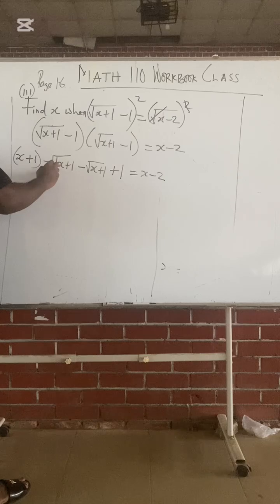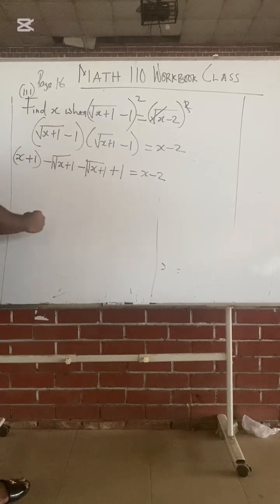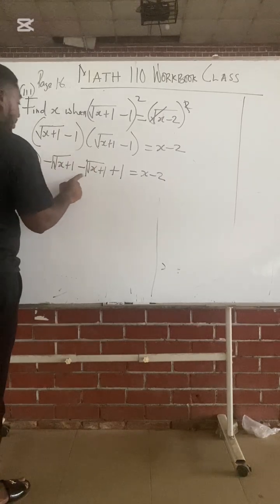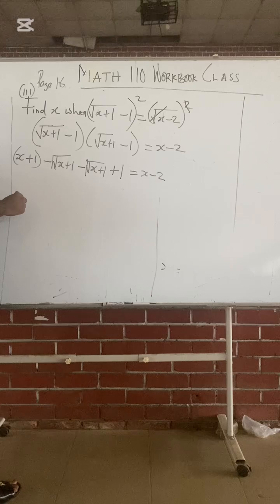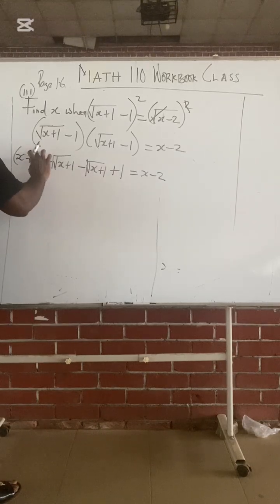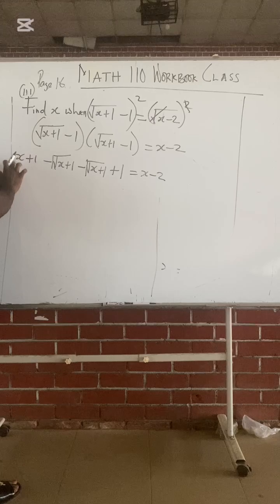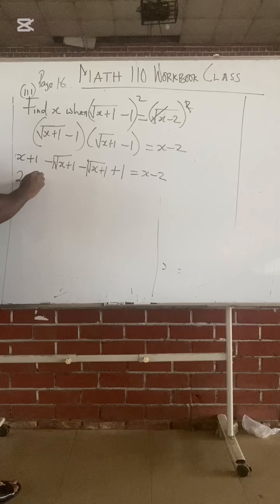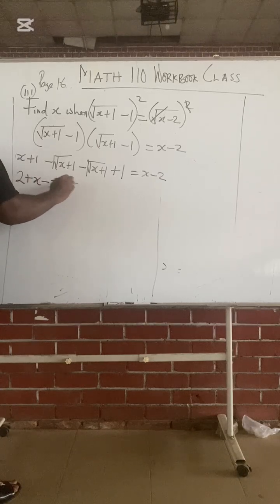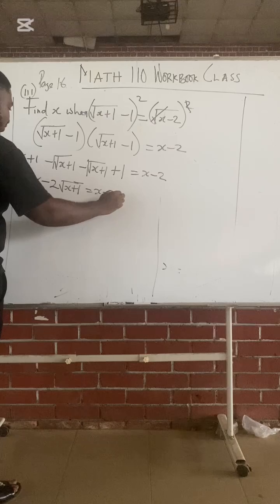So this means minus 1 root (x plus 1) and another minus 1 root (x plus 1) gives minus 2 root (x plus 1). Then x plus 1 plus 1 is x plus 2. So I have x plus 2 minus 2 root (x plus 1) equals x minus 2.